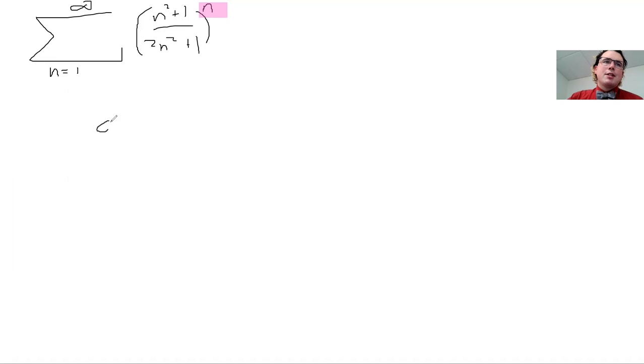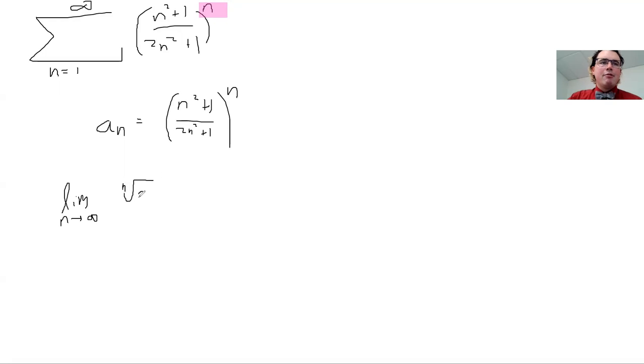So just to be super clear, the formula for the nth number in my series is (n squared plus 1) on (2n squared plus 1), that whole fraction raised to the nth power. The root test asks me to compute the limit as n goes to infinity of the nth root of a sub n.